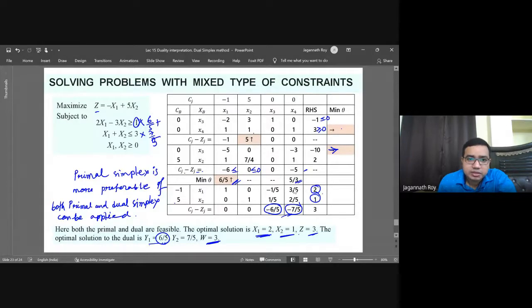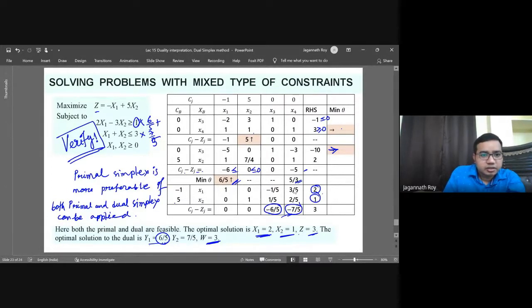So 6 plus 21. So we have to verify this, whether this is correctly written.